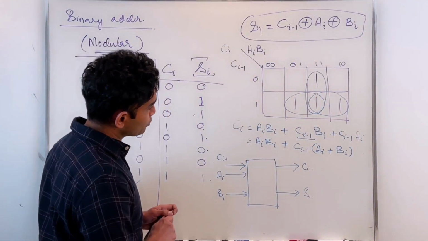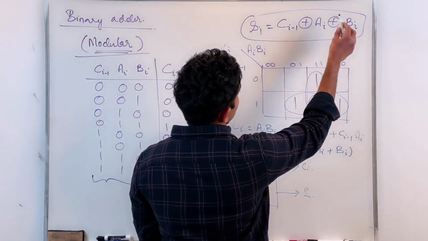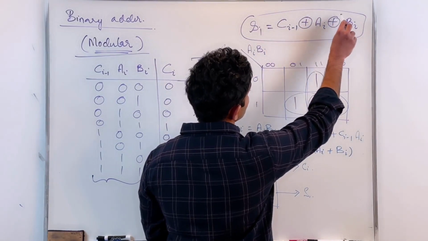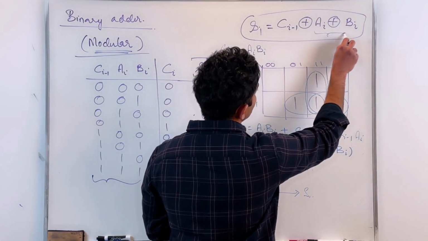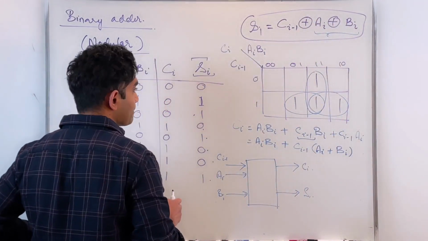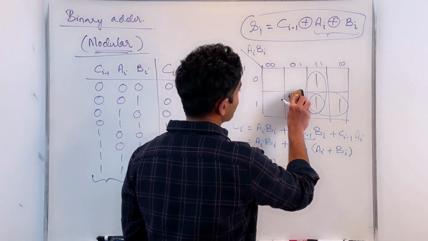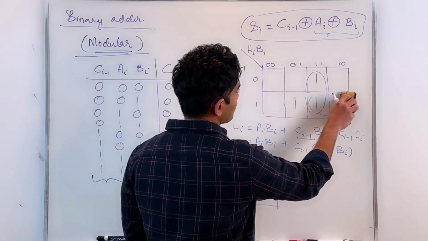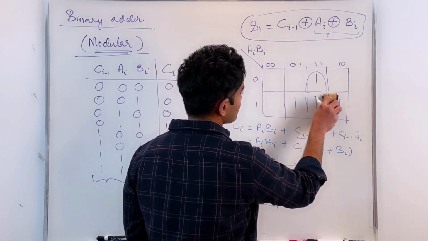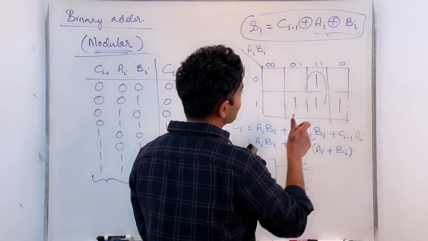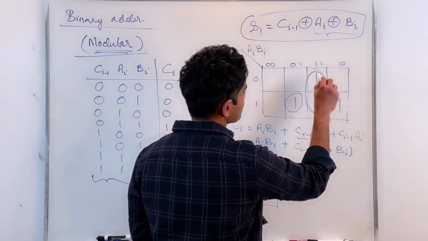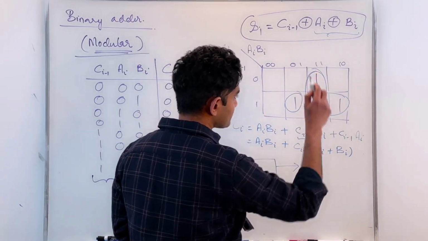Okay. So let's see. Can I do this? For Si, basically it's Ci minus 1 exclusive or Ai exclusive or Bi. So let me see if I can combine the ones in a different way, even though that may not be giving you the most optimal combinations. If I can combine them in this way and see what you get, something like that.